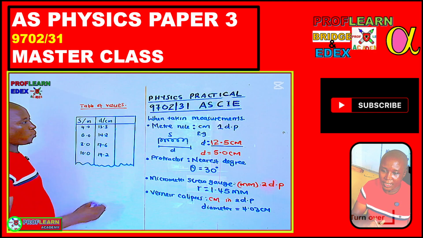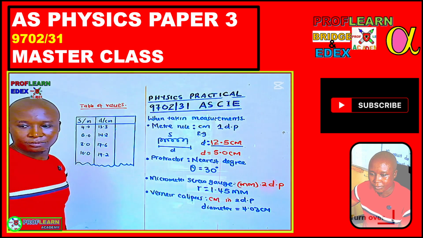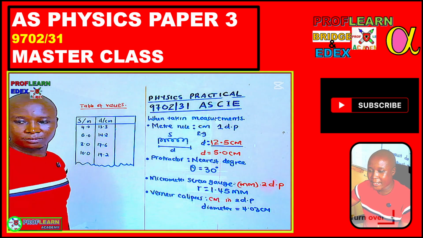For D, in that column of D, you see I'm having 13.3, 14.2. But when you are going to fill in the column for calculations, maybe you want to calculate D over S, which number of significant figures are you going to record in that part of the table?